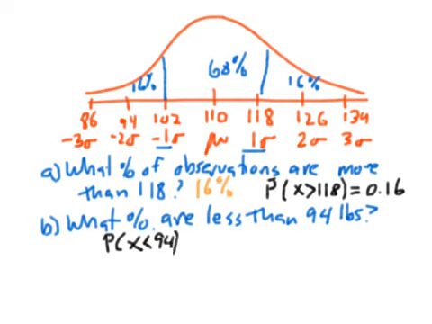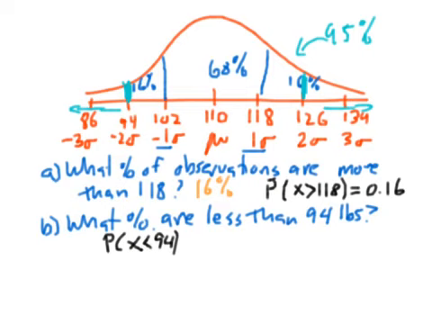What percent are in between 94 and 126? Well, that's 2 sigmas, so in between here and here, it's going to be 95%, right? That means what's left on the 2 tails, here and here, is 5% total. So each of these tails has to be 2.5%.